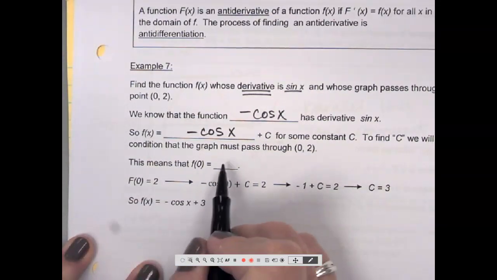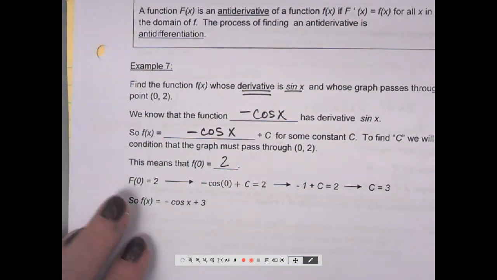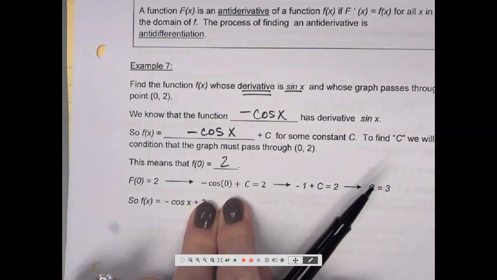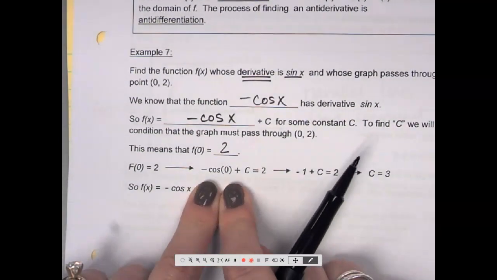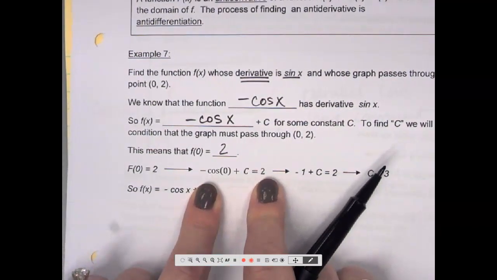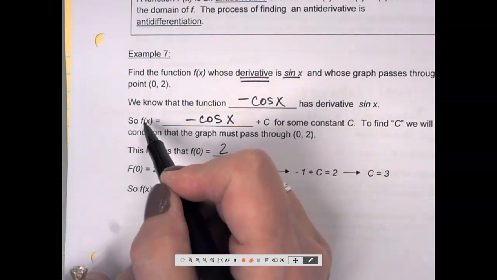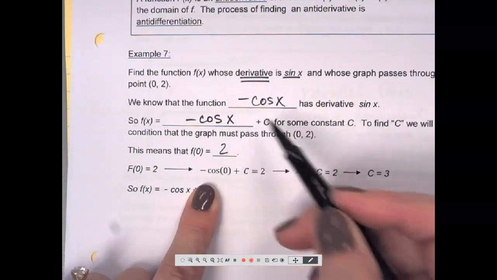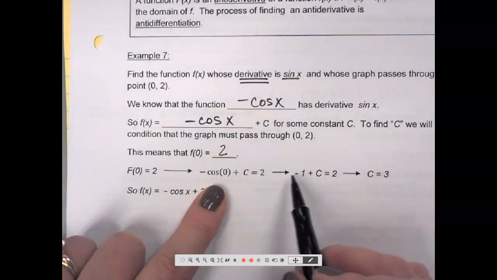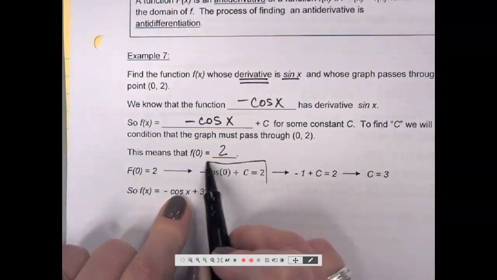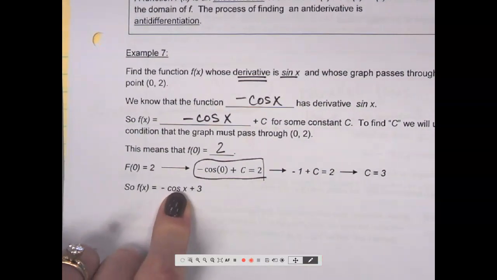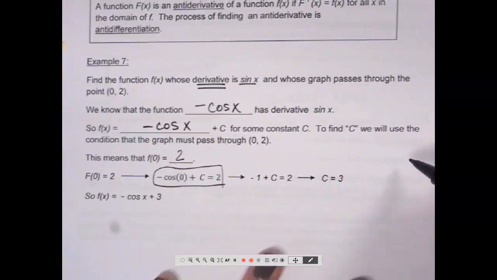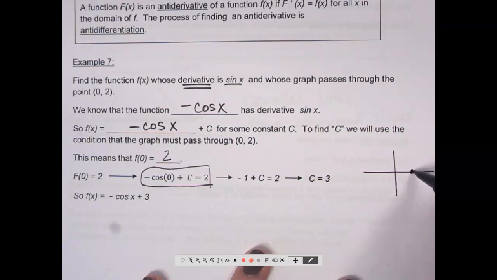So f of 0 equals 2 means that I can plug in 0 for the x and 2 for the y. Remember, f of x is another name for y. So my y value goes here, sub in my x value here, and I end up with this equation right here that I'm going to solve for c. Okay, cosine of 0, that's over here.